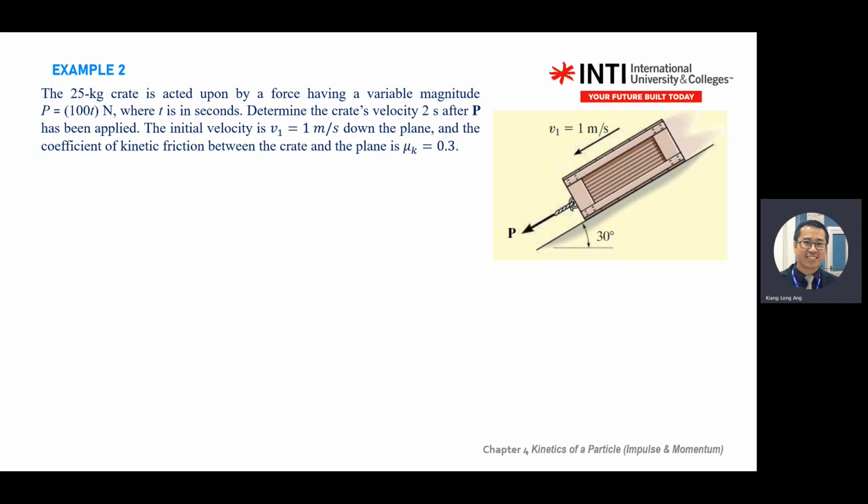So let's say go down X positive, go up Y positive. For W, I have WY and WX. For NC, I have NCY only. For friction, I have friction X. In this case, I only have friction in X direction, but negative.